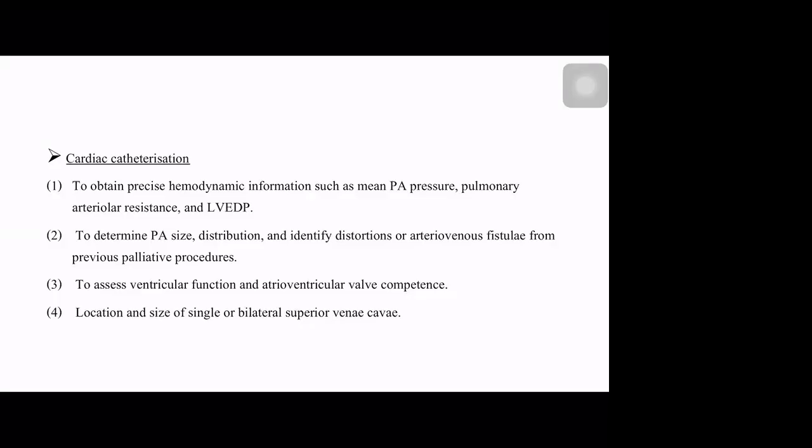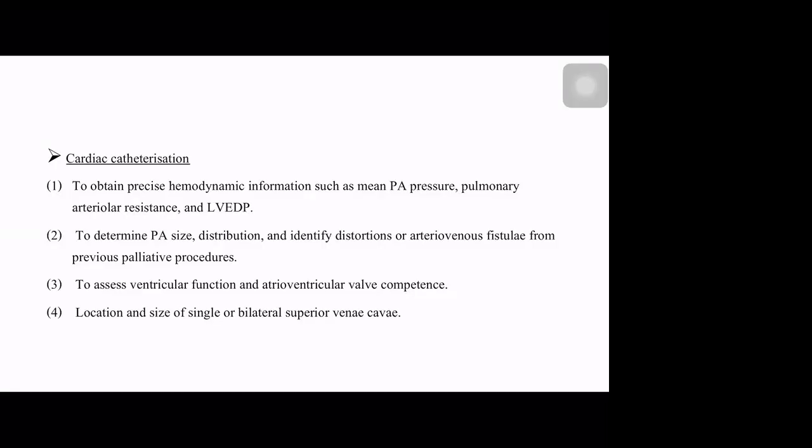Particularly, these are important before any Glenn procedure or Fontan surgery. Sometimes it is required to determine the PA size, its distribution pattern, and to identify distortion or arteriovenous fistula from a previous palliative procedure. It is also required to assess ventricular function and atrioventricular valve competence.